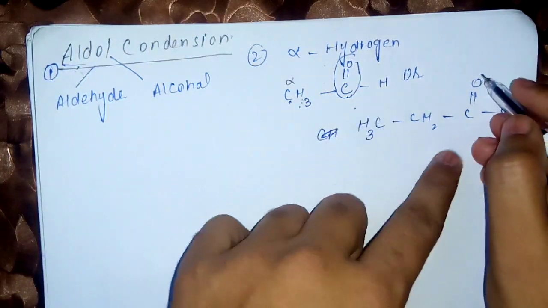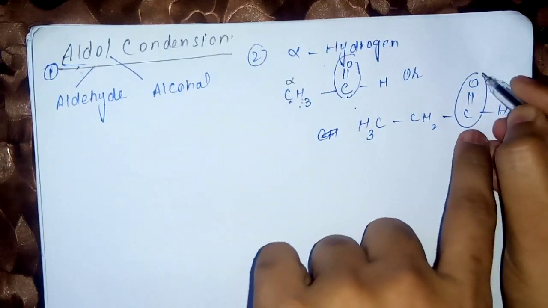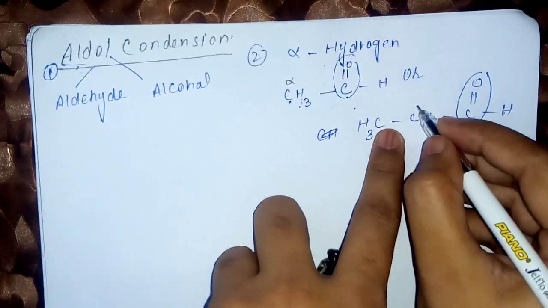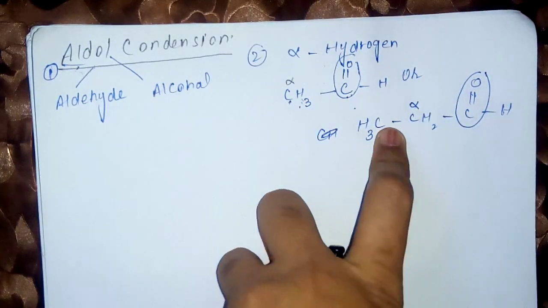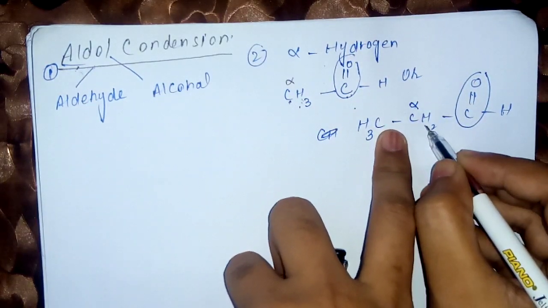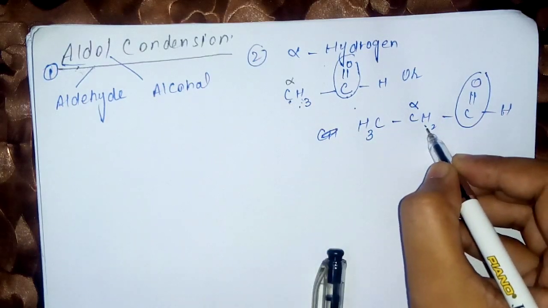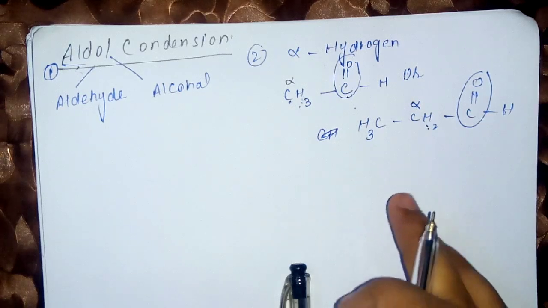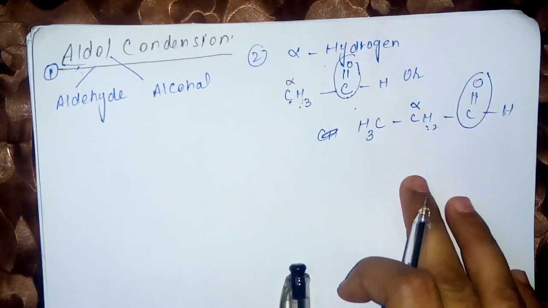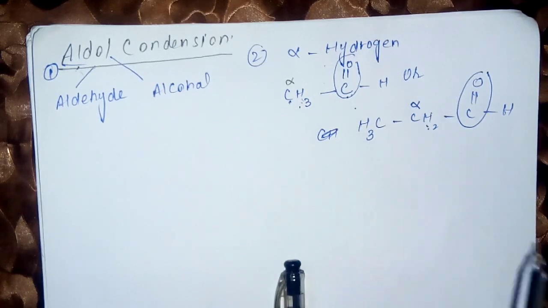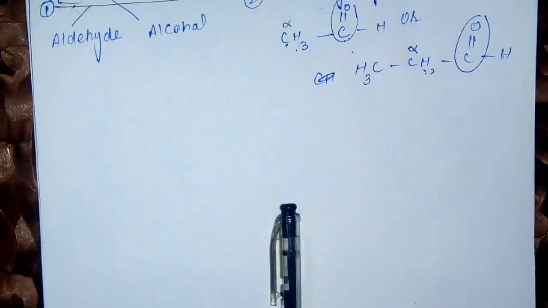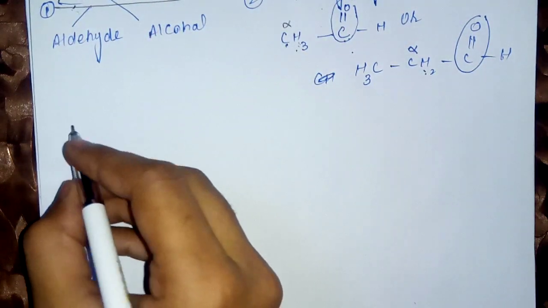In this case, this is the carbonyl group and this carbonyl group is directly attached to this carbon, so this is the alpha carbon and these hydrogens are the alpha hydrogens. For aldol condensation, we just focus on one point: those compounds are used which contain an alpha hydrogen, because without alpha hydrogen this reaction will not be carried out.